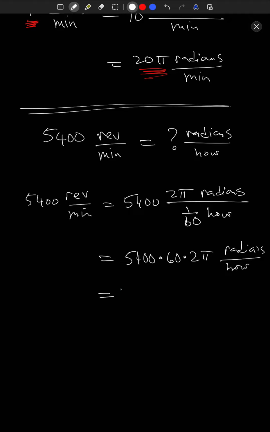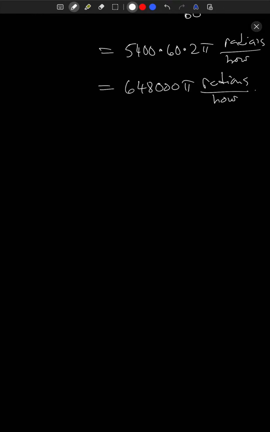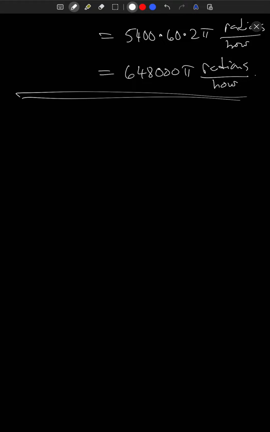So this is going to be 648,123 pi radians per hour. All right, so it's moving quite a bit in terms of angles. All right, so that was angular velocity. That's how much angle you're moving per time.